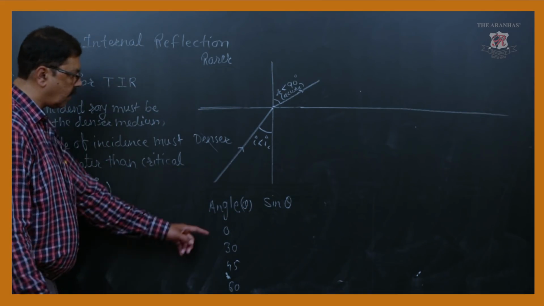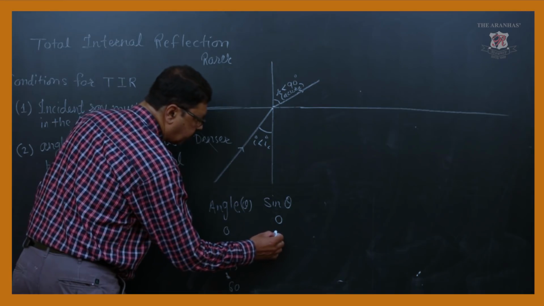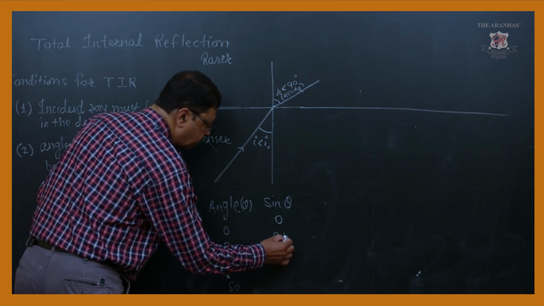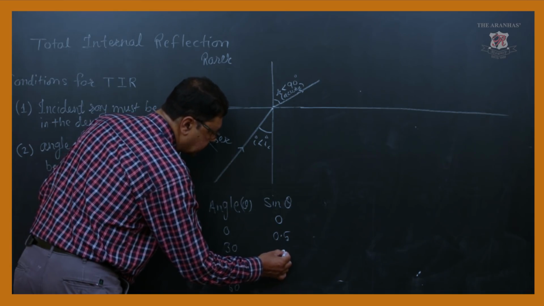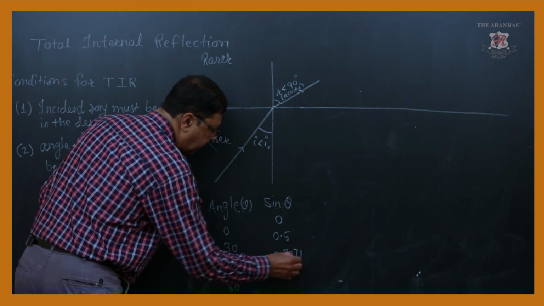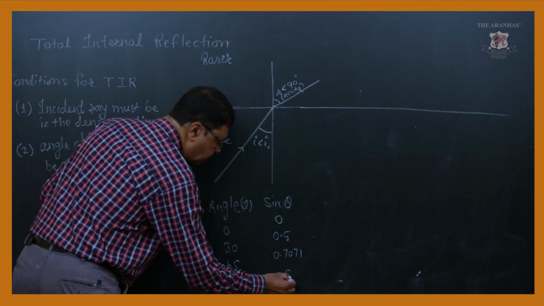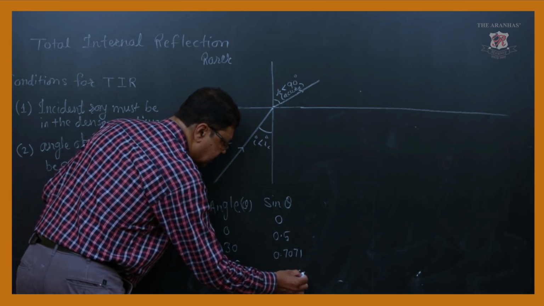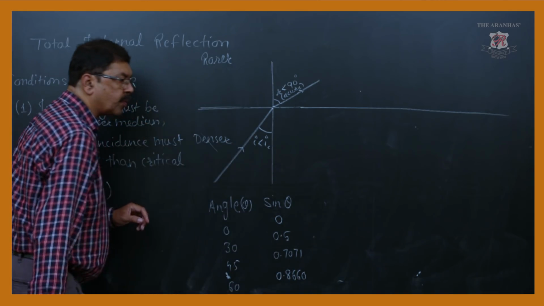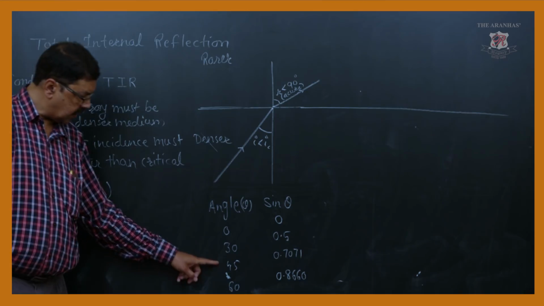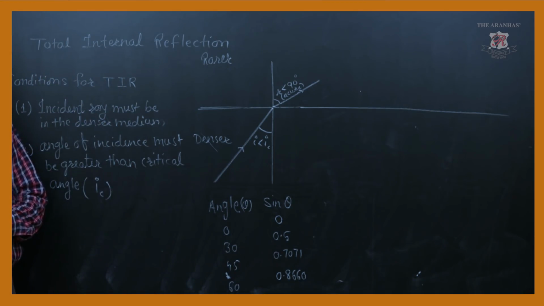What is sine theta? Sine 0 is 0. Sine 30 is half, means 0.5. Sine 45 is 1 upon root 2, that is 0.7071. Sine 60 is root 3 by 2, that is 0.8660, and sine 90 is 1. If the angle is increased, the sine ratio also increases.